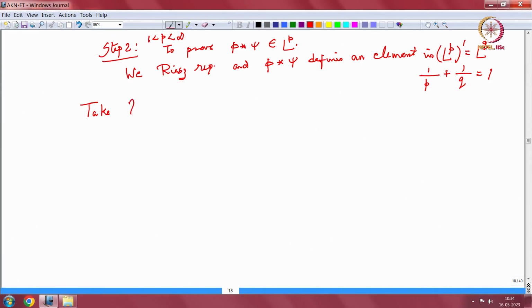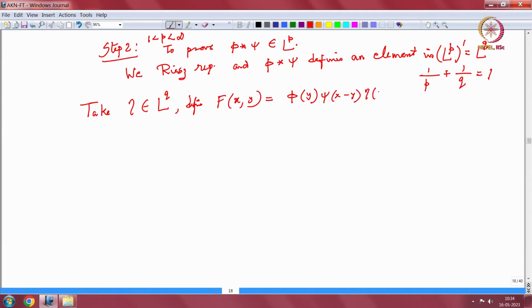So you take theta in LQ and define f of xy equal to phi of y psi of x minus y, times theta of x. You have to take the integrations properly.